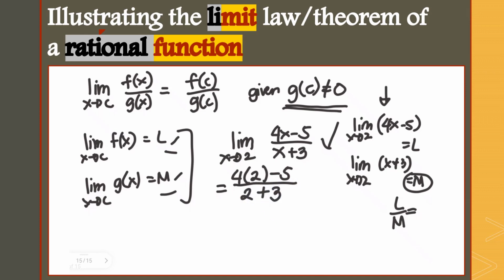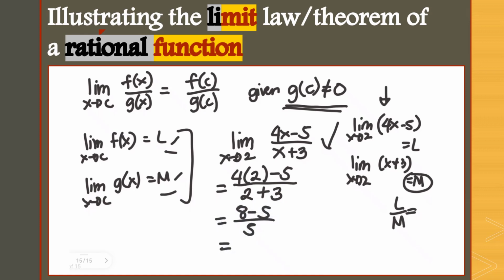And by the way, using this limit theorem for rational functions, we no longer look at the product and then the difference and then the sum here. That is very lengthy. So as we talk about limit theorems from one to the other, we are making shorter processes. So you have 8 minus 5 over 5.